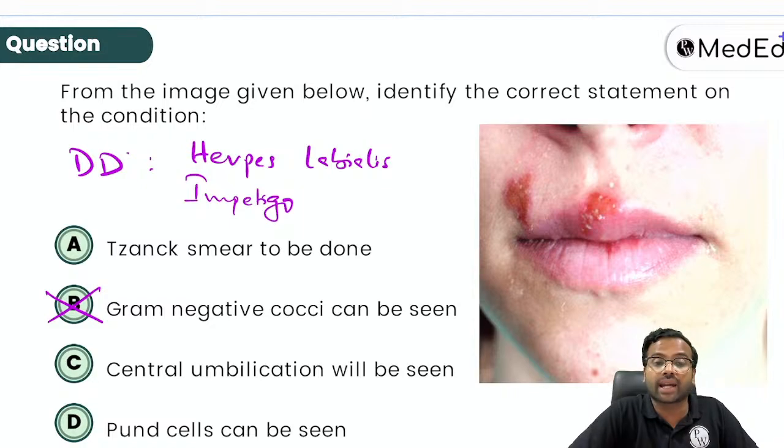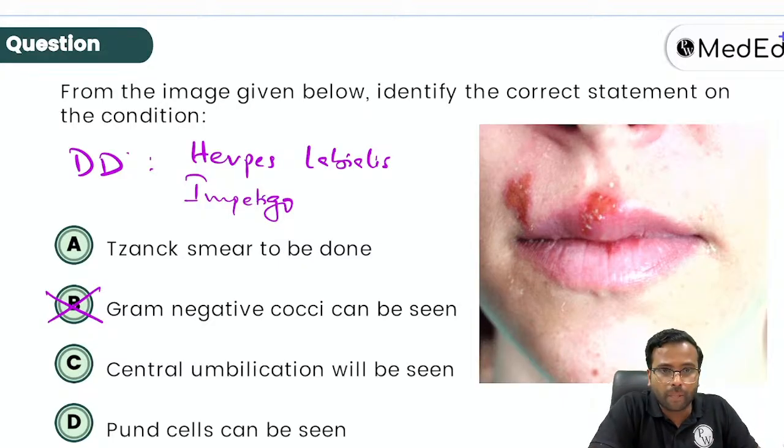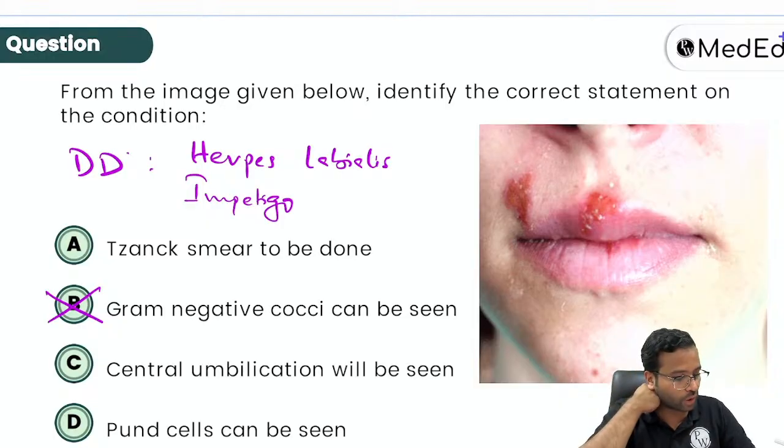Next one is central umbilication will be seen. In which disease have you seen central umbilication? Yeah, it can be seen in molluscum contagiosum, right? Very good. So molluscum contagiosum is also not the answer.